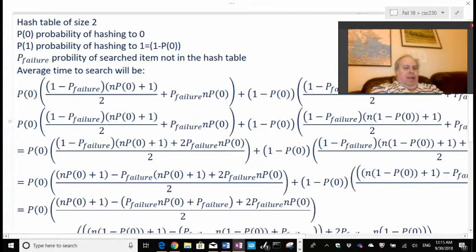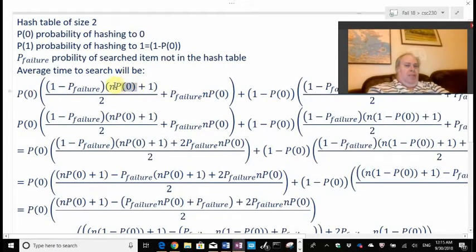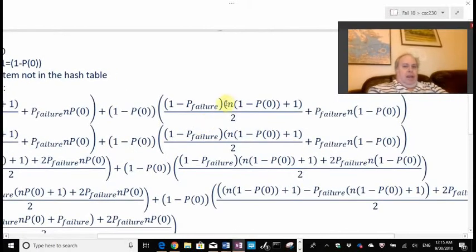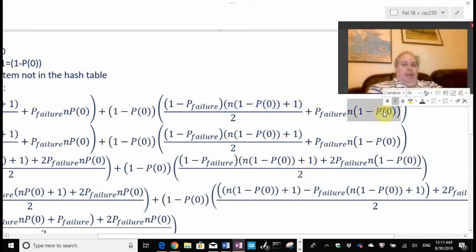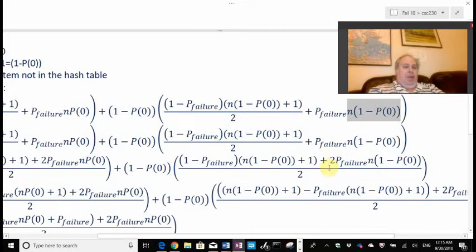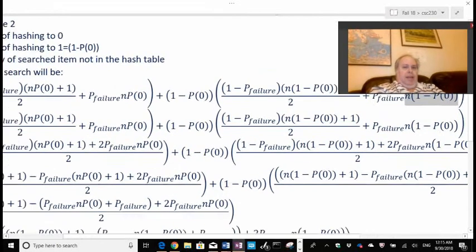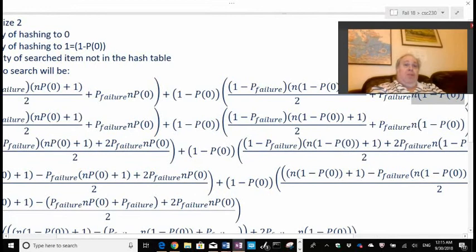So this is the length of the list at position 0, and this is the length of the list at position 1. This is the same math from searching a linked list. We're assuming that the linked lists in our hash table are unsorted, because almost always they are.